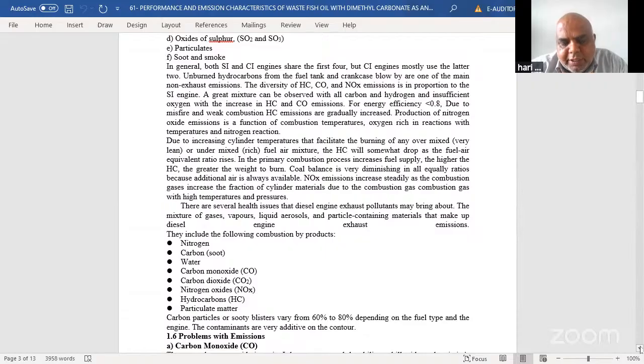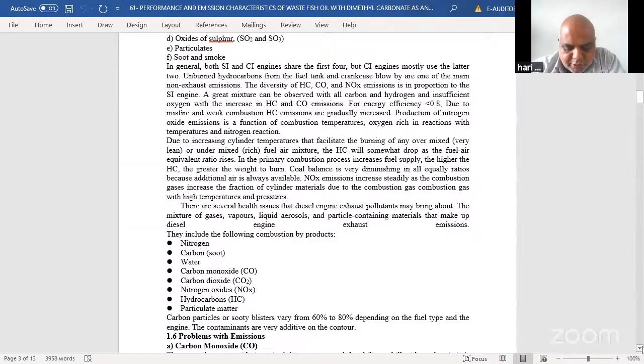In order to compensate for the decrease in efficiency, what we did is we added this dimethyl carbonate. So what we observed in the experimentation is that when we add this biodiesel and dimethyl carbonate, there is a decrease in efficiency and an increase in NOx emissions.